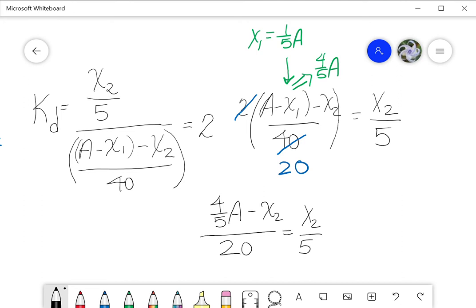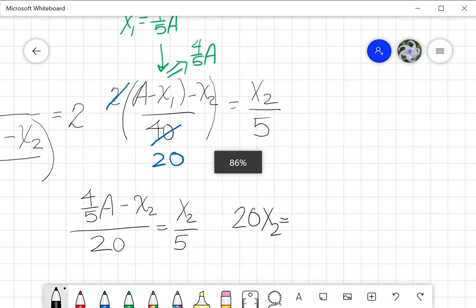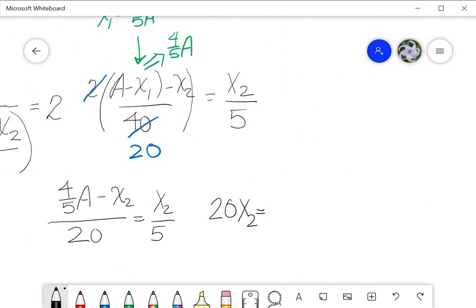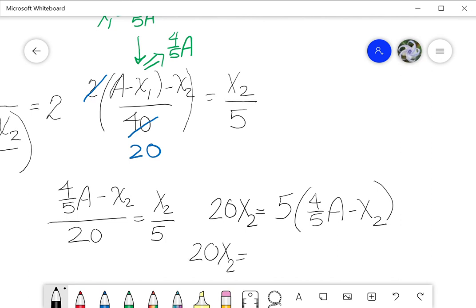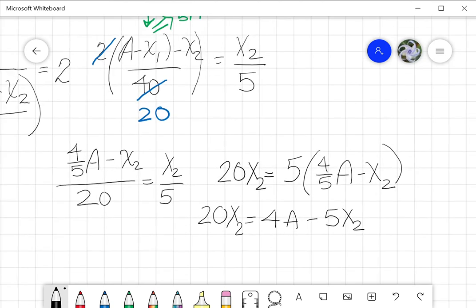And let's keep simplifying. We'll cross multiply. And then we'll distribute that 5. And then simplify a little bit more.